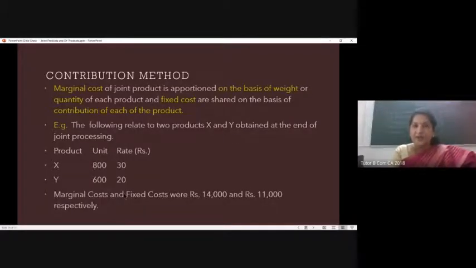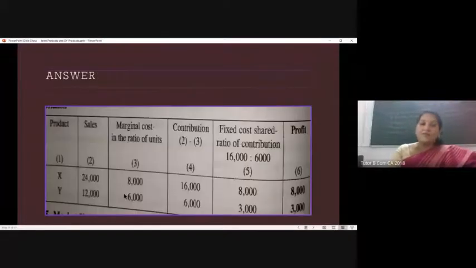So here the quantity is 800 and 600, so it can be taken as 80:60 or 8:6. And then we are proportionately allocating 14,000. When we proportionately allocate 14,000 between X and Y, we will get 8,000 and 6,000. Of course, you know how we got this.